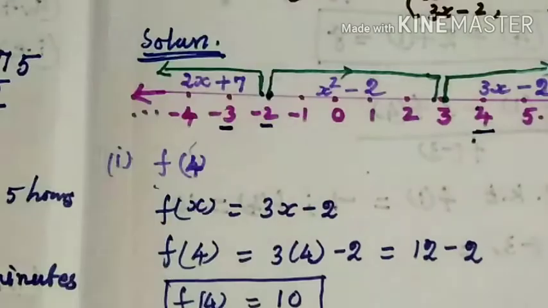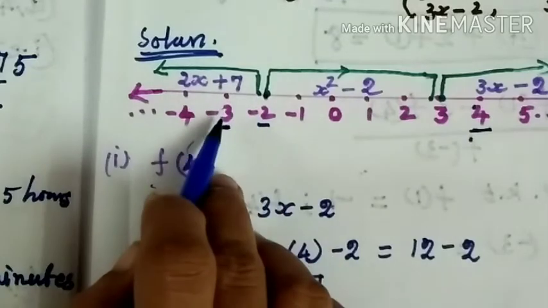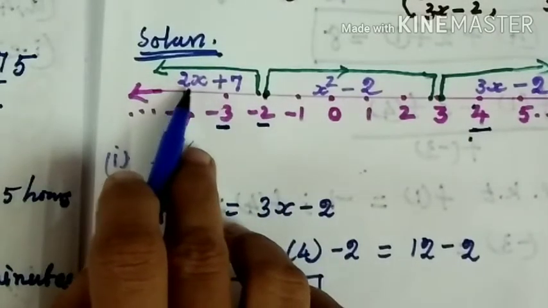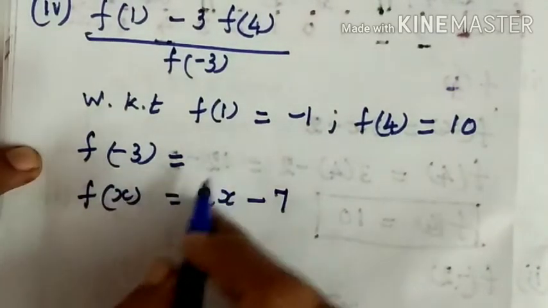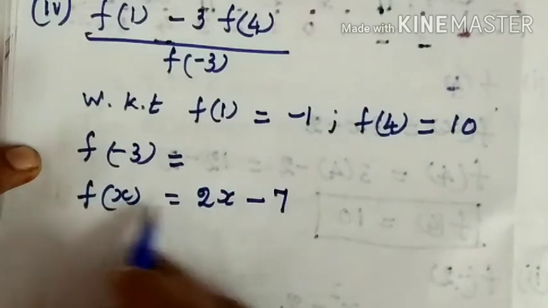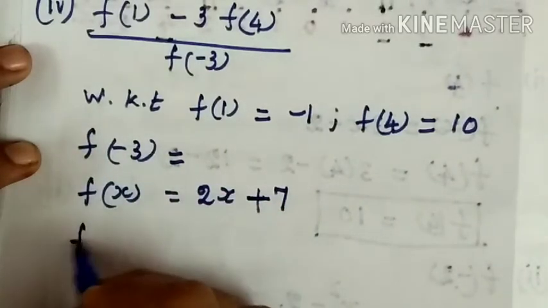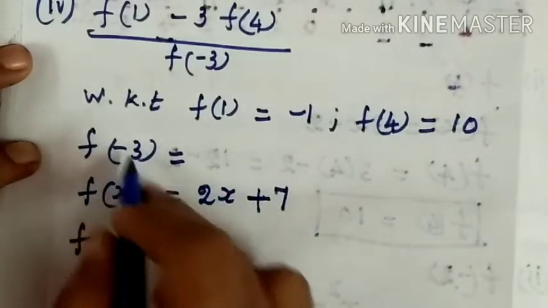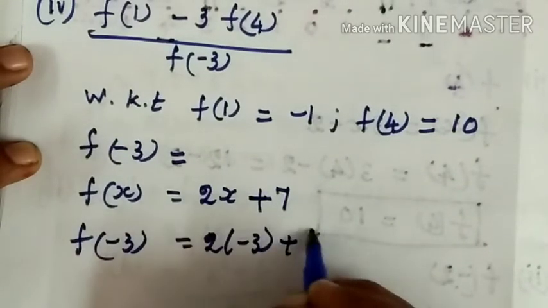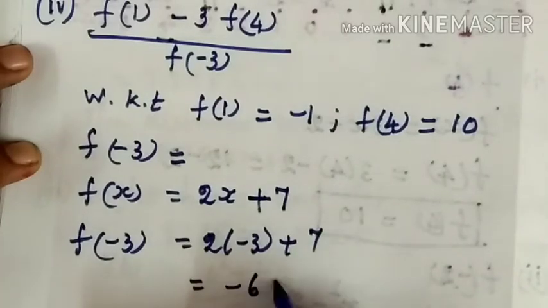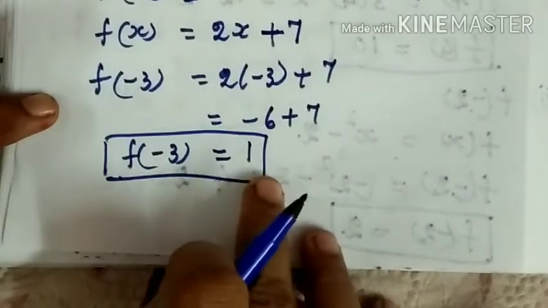Now, see the number line, minus 3 lies in this interval. Therefore, f of minus 3 is defined as 2x plus 7. Replacing x with minus 3, we get 2 into minus 3 plus 7, that is minus 6 plus 7. Now the value of f of minus 3 equal to 1.